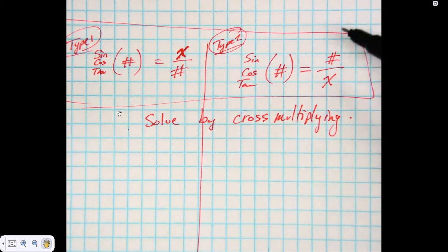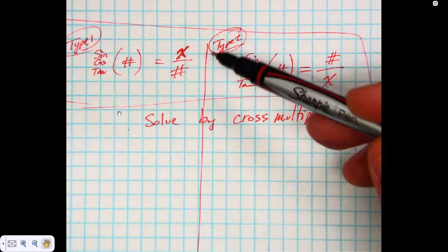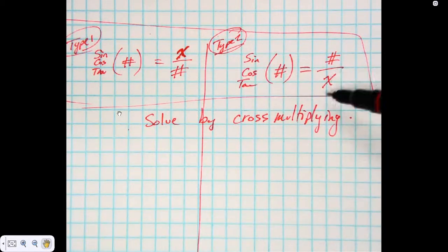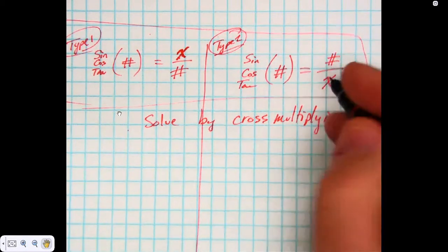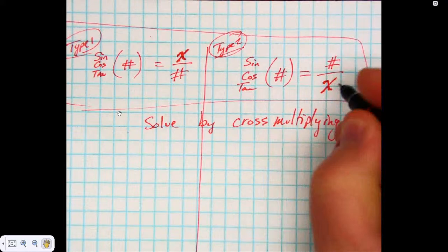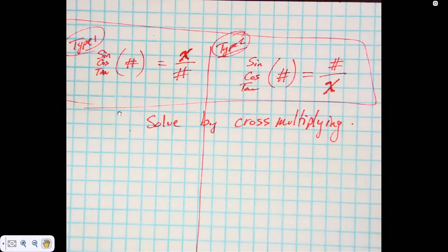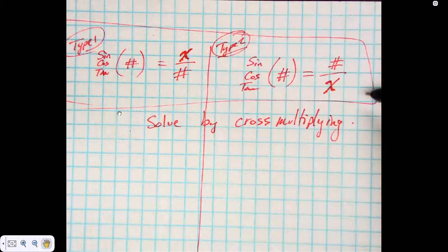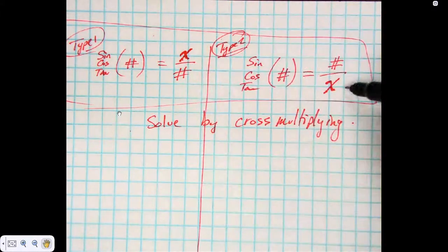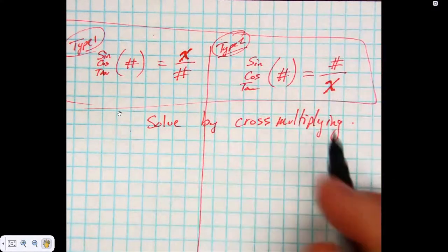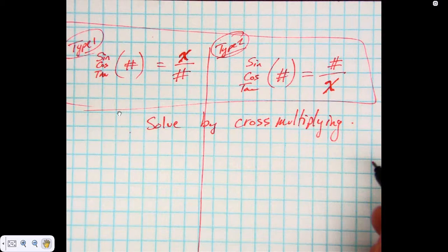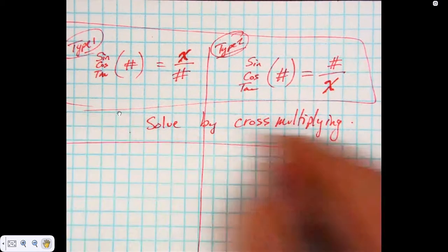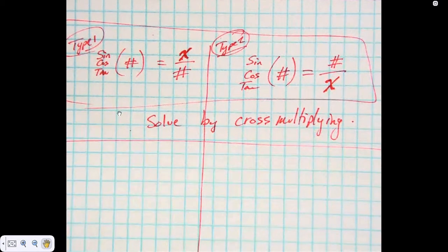So what could I say? This is when my unknown is what? A side or an angle? Side. The sides are always on the right side here, or in the fraction, are they not? Does everybody understand that? Yes. So my x or my unknown, I shouldn't say x because I could have different variables, couldn't I? Doesn't always have to be an x. But when your unknown here is one of these, we're going to solve by cross multiplying. And you're going to solve it like a normal equation. Okay, and that's the type I'm going to focus on right now.